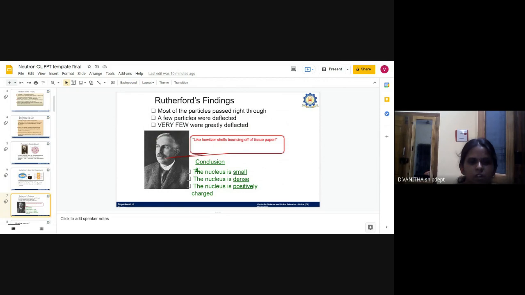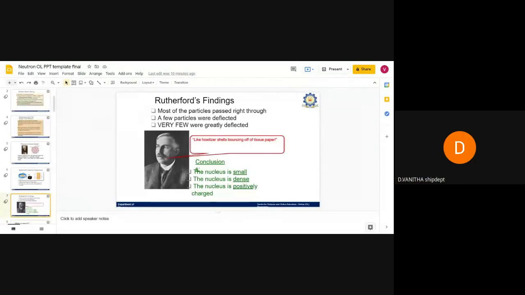These are the conclusions made by Rutherford. So we conclude from the Bohr atom model that the nucleus is at the center of the atom, and the electrons are revolving around it.